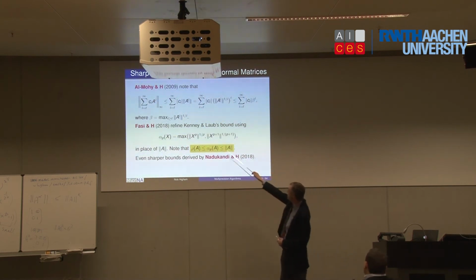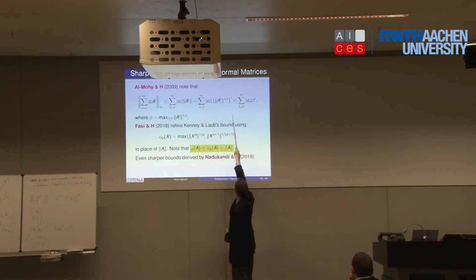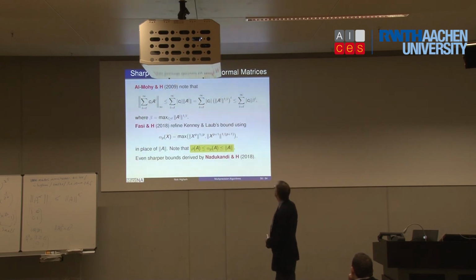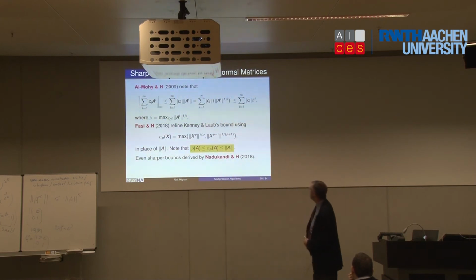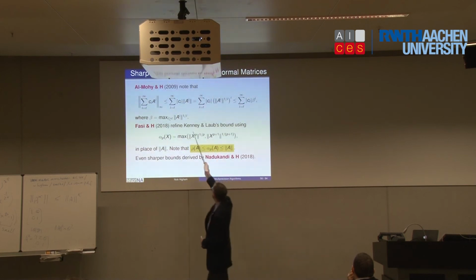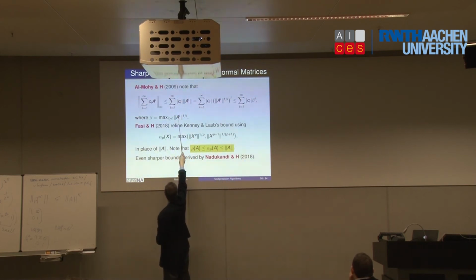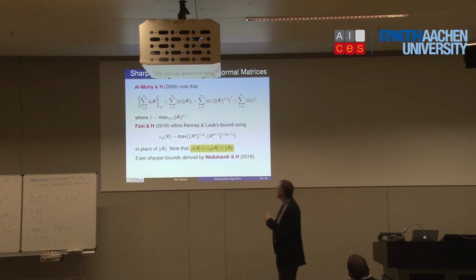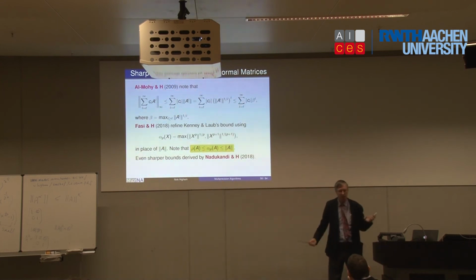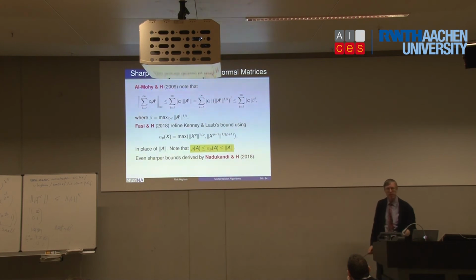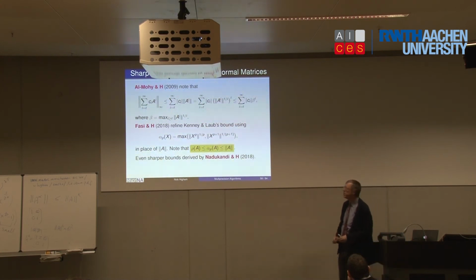But if I define beta to be the biggest of these quantities in parentheses over all i, then I get that final bound there. So beta is: take A to the i, take the norm, and then take the ith root. Now that is not a computable quantity. We can't obviously compute all infinitely many powers of A and then compute beta.